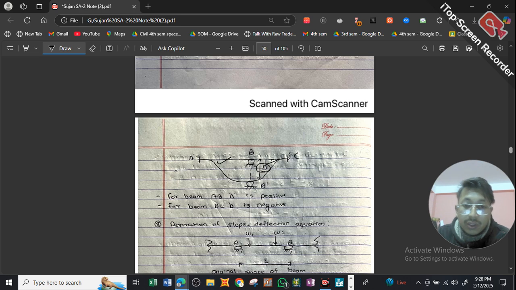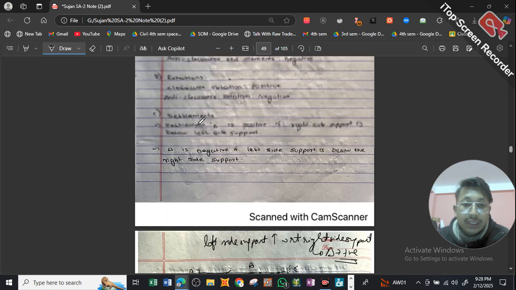Why? Because the right side support is below the left side support, so the left side support is upward with respect to the right side support. In this scenario, we'll be taking the deflection as positive.